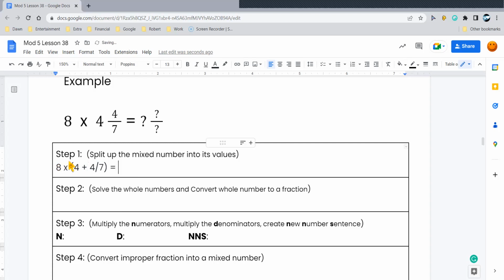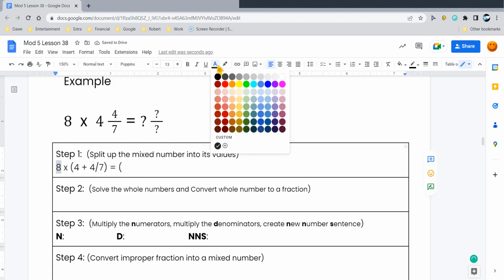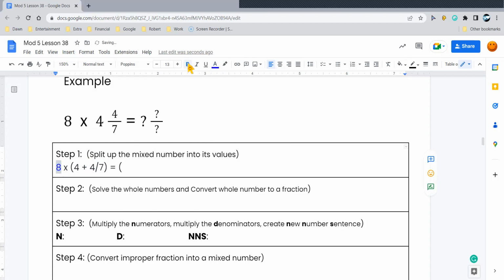So here I'm going to distribute the 8. Right now I'm going to color my 8 so you can see what I'm doing. And this plus sign is another important one.